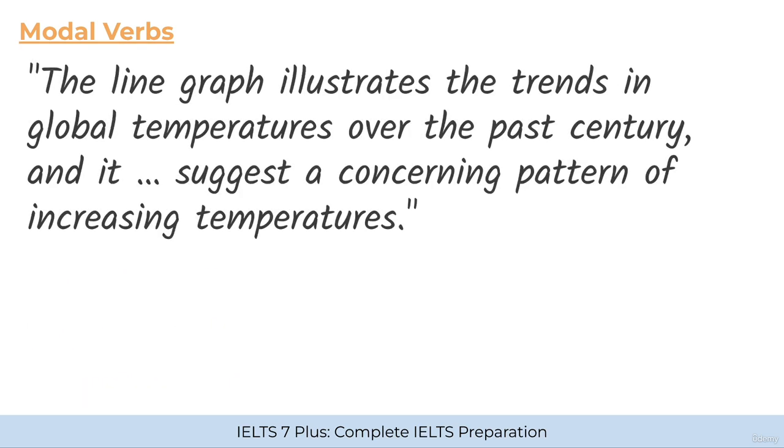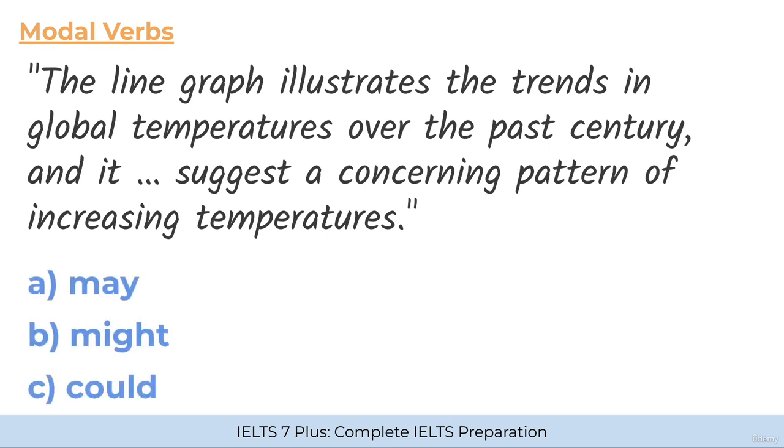Okay, another one. The line graph illustrates the trends in global temperatures over the past century, and it suggests a concerning pattern of increasing temperatures. So what could this be? May, might, or could? All right, so we're thinking about trends here. This is relevant to maybe the task 1 in the IELTS exam.